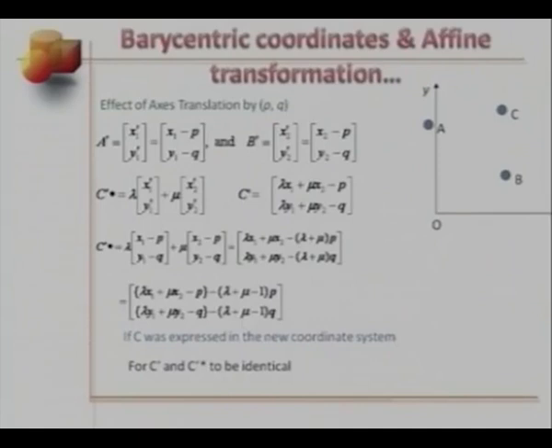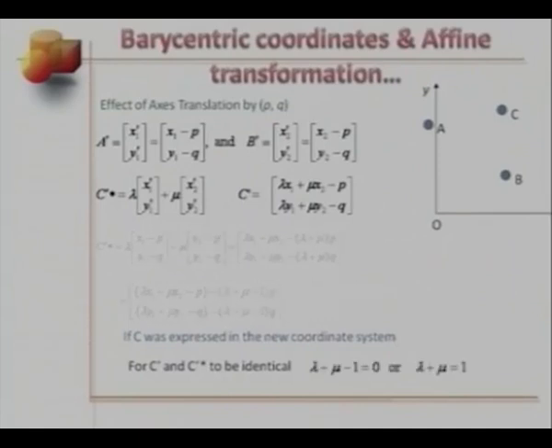And this can happen only when the two scalars sum to 1. Notice that we never mentioned that lambda and mu cannot be negative, or 0 for that matter. All we see here is the two scalars, they should sum to 1.